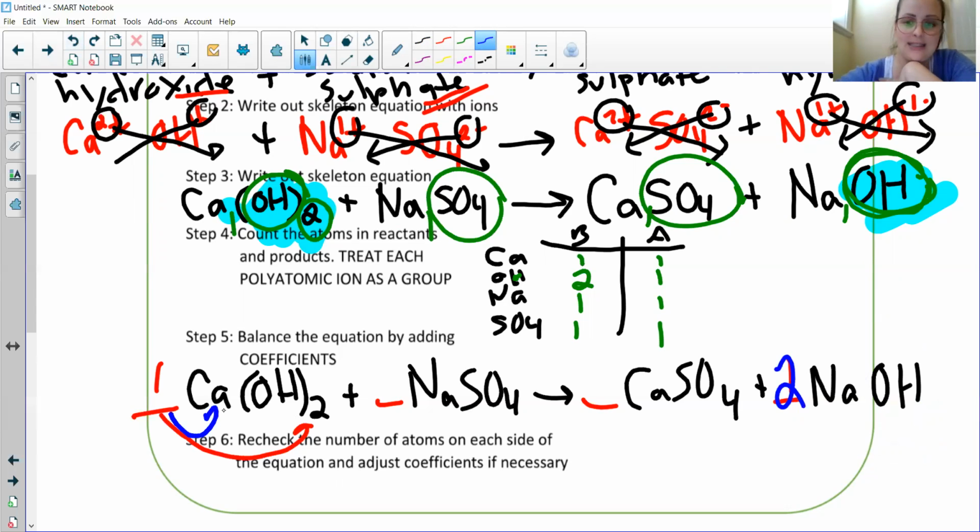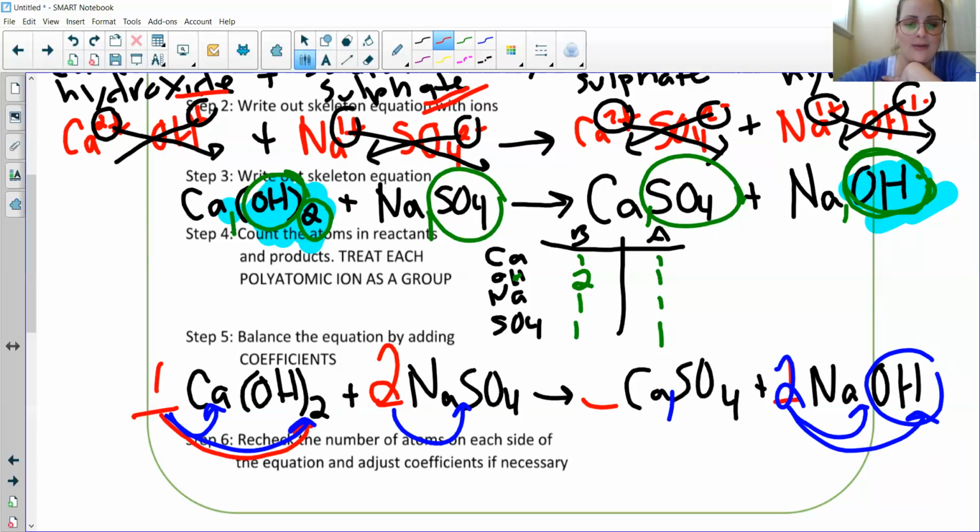I have 1 calcium. I have 1 calcium. I have 2 hydroxides. I have 2 hydroxides. I have 1 sodium. I have 2 sodiums. Oh, oops, that doesn't balance. So I have to add something in front. So I'm going to add a 2. So now that I have 2 sodiums, and I have 2 sodiums.